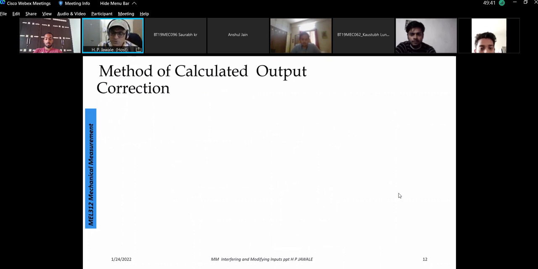Method of calculated output. Very simple. We calculate the extent of the modifying signal and the interfering signal. For example, now I know the temperature change. Suppose in the earlier case of strain gauge measurement, I come to know that the temperature for which the measurement system was designed is 25 degrees Celsius, and the temperature at which it is being used is, suppose, 65.